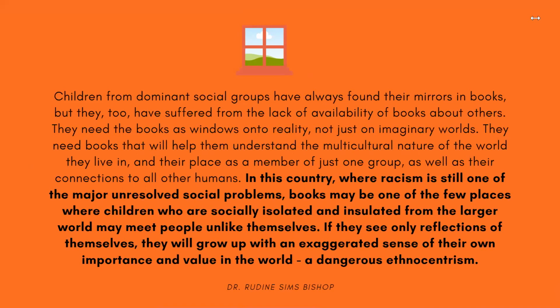In this country, where racism is still one of the major unresolved social problems, books may be one of the few places where children who are socially isolated and insulated from the larger world may meet people unlike themselves. If they see only reflections of themselves, they will grow up with an exaggerated sense of their own importance and value in the world, a dangerous ethnocentrism.